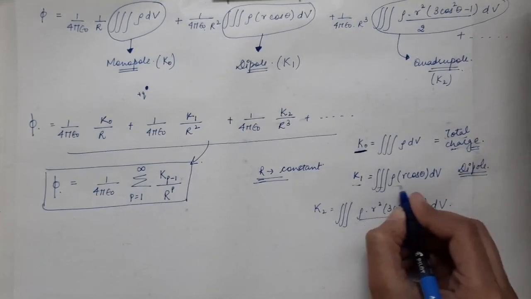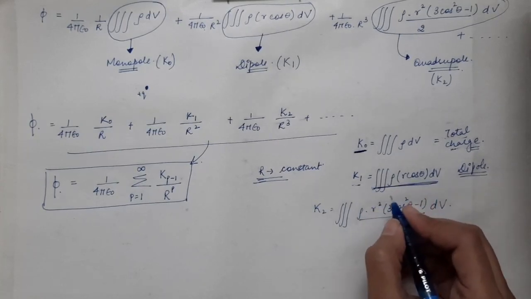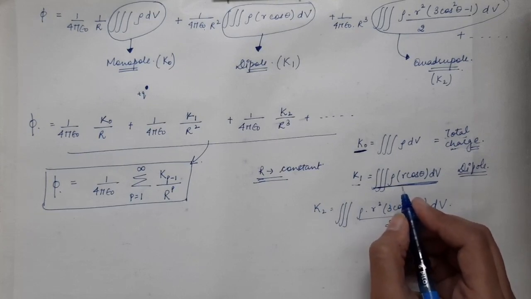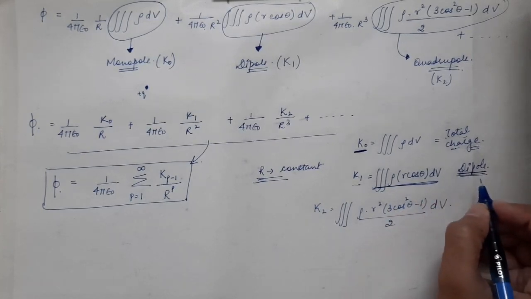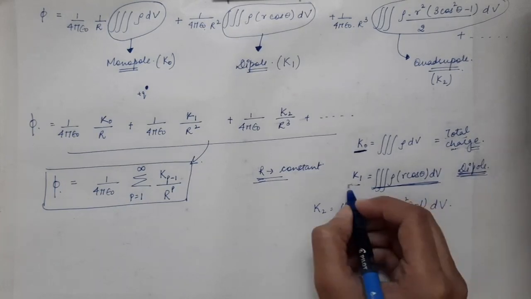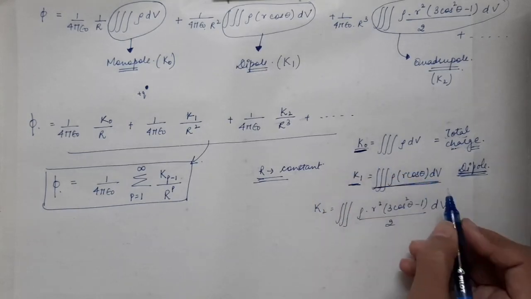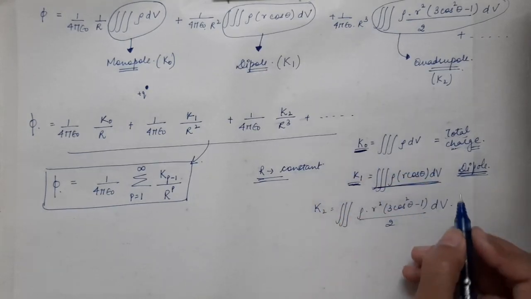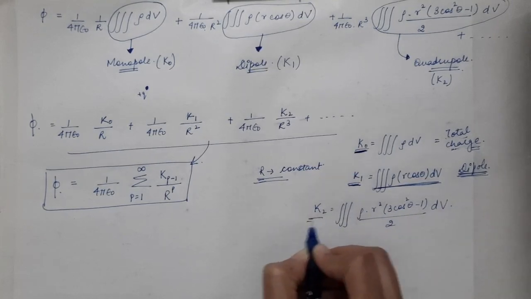But if this k1 comes out to be equal to 0, that is, if k0 is equal to 0 as well as k1 is equal to 0 for a particular distribution of charge, then we evaluate k2.